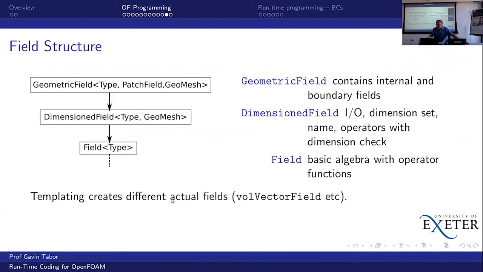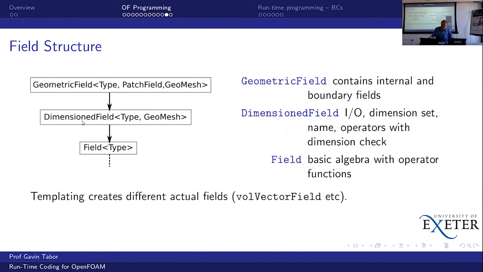And again, I've put in a little bit more advanced material here in terms of what's in the library. I haven't provided the entire inheritance graph here, but the basic type here is a field of things, scalars, vectors, whatever, which provides us with the basic algebra together with the operator functions.